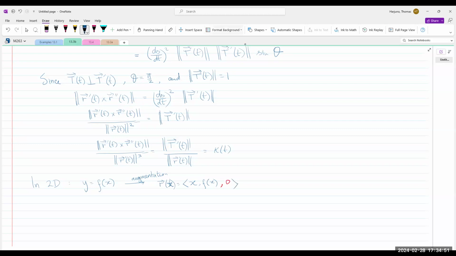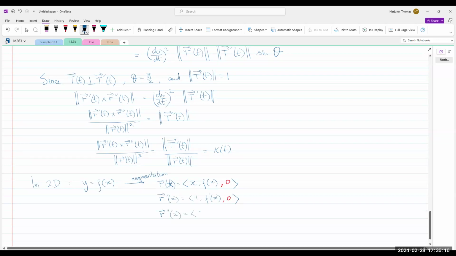Now therefore, from here, we have r prime x will be (1, f prime x, 0), and r double prime x is (0, f double prime x, 0).